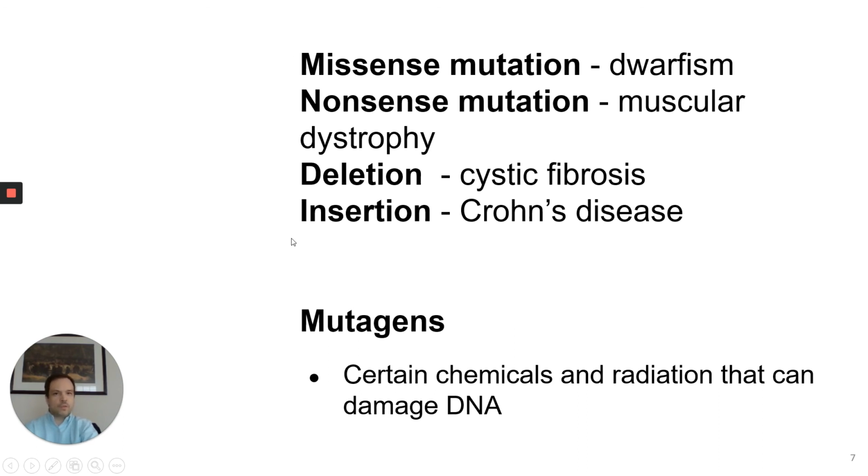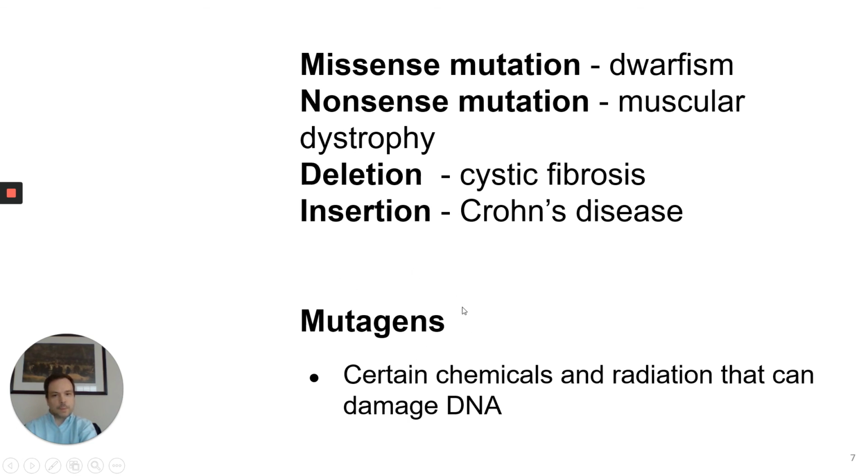The question always arises, what exactly causes this in the first place? What causes these mutations to occur? Exposure to certain mutagens can cause DNA to perhaps read the wrong sequence, and cause these sorts of insertion, deletion, or substitution errors.